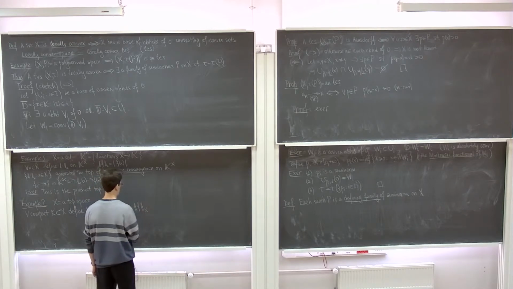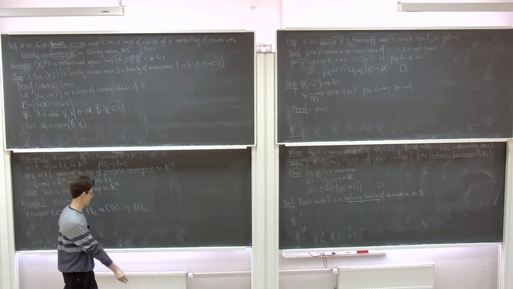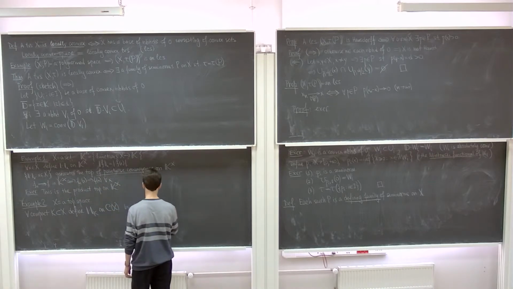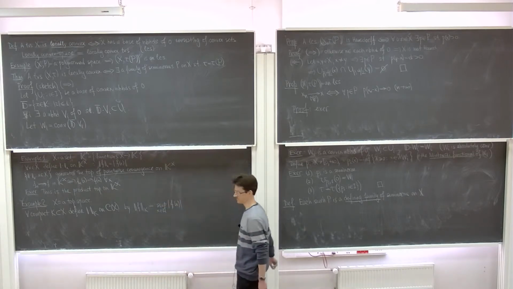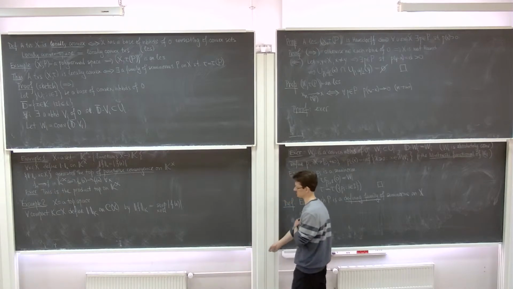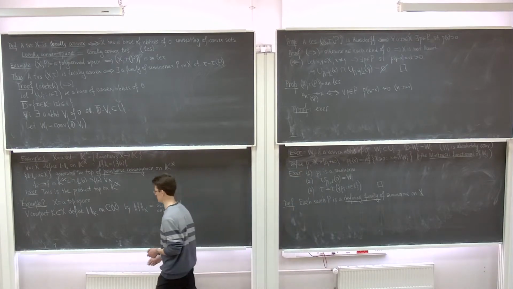The seminorm evaluated at a continuous function f is the supremum of |f(x)| over K. This is finite because f is continuous. And this is easily seen to be a seminorm.